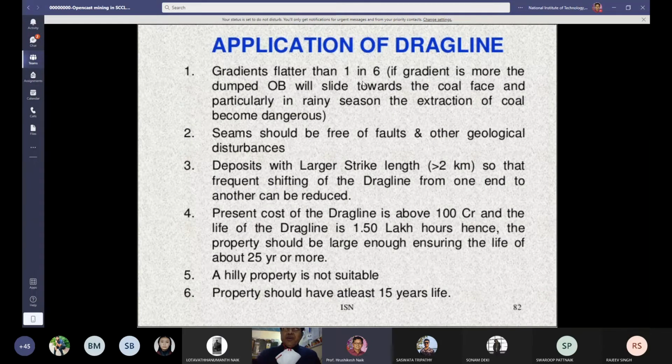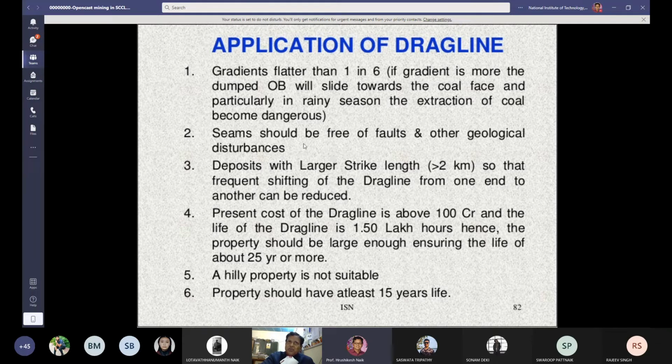If the gradient is more, the dumped overburden material will slide towards the coal face, and particularly in the rainy season, the extraction of coal becomes very dangerous. So the dragline can be used for gradients flatter than 1 in 6. It should not be an inclined surface, otherwise the material will flow downwards.